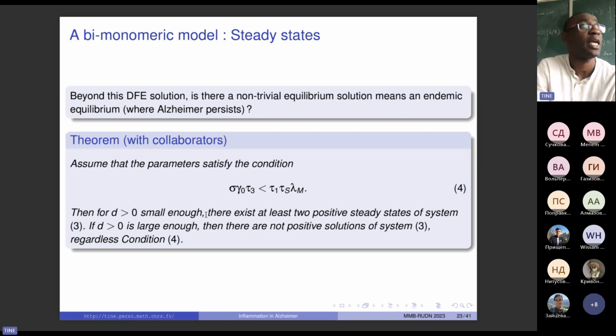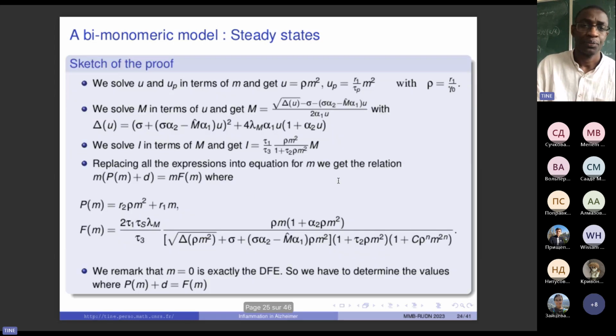And if D is positive and large enough, then there is no positive solution of the system, regardless of this condition. And this is very important.